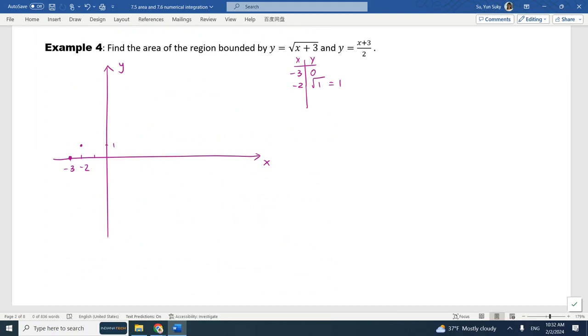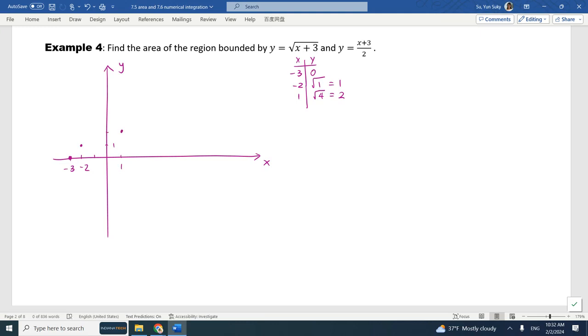Then how about the next integer? It will be 1. Right, everybody? Because negative 1 doesn't work, 0 doesn't work. But when we plug in 1, we get square root of, what is 1 plus 3? 4. Square root of 4 is 2. See, 1 is right here. And we have 2. Okay.